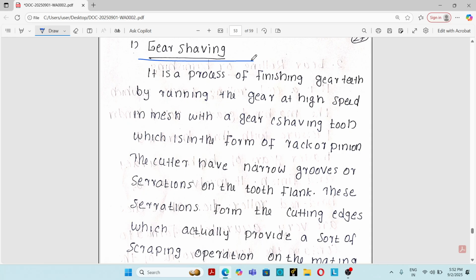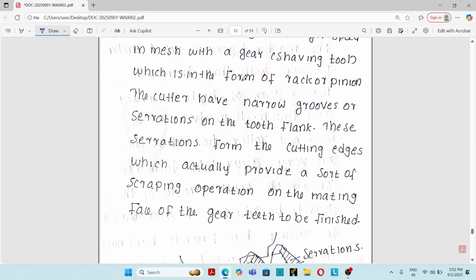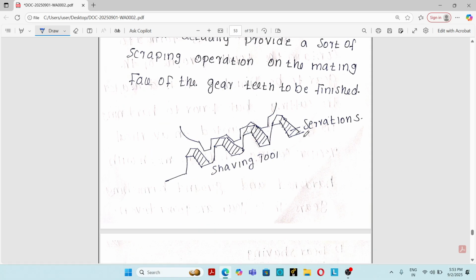The cutter has narrow grooves or serrations on the tooth flank. These serrations form the cutting edge, which provides a sort of scraping operation on the mating face of the gear teeth to be finished. See, this is the shaving tool, which may be in the form of a pinion cutter or rack cutter.